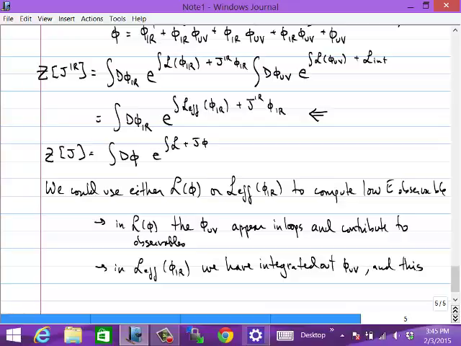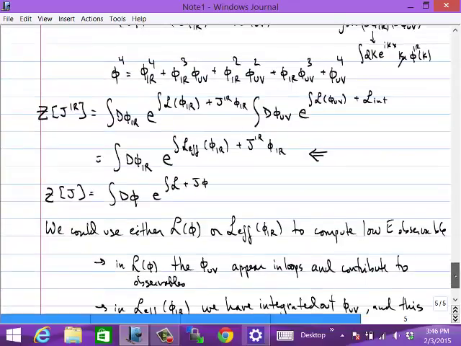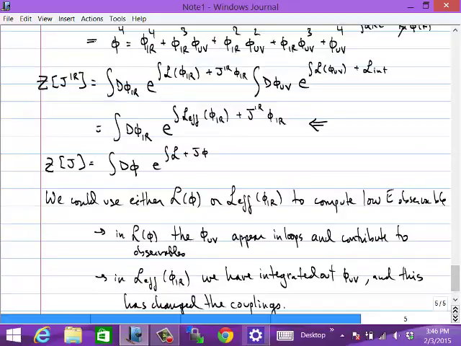And this integrating out has changed the coupling constants of the theory. In particular, L effective of phi IR is not the same as our original Lagrangian, because there are all of these coupling terms, like the ones that we wrote down up here, between phi IR and phi UV.